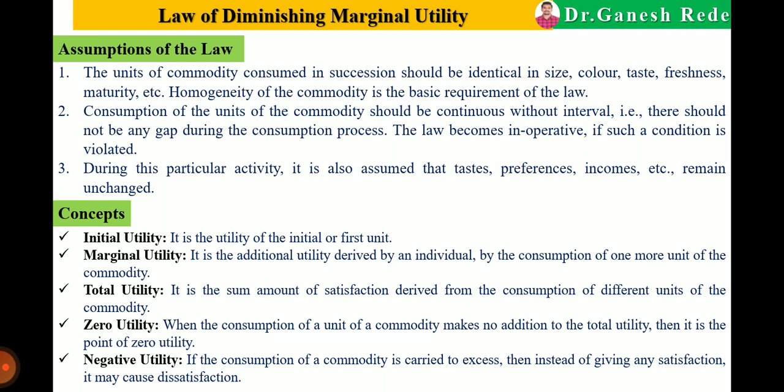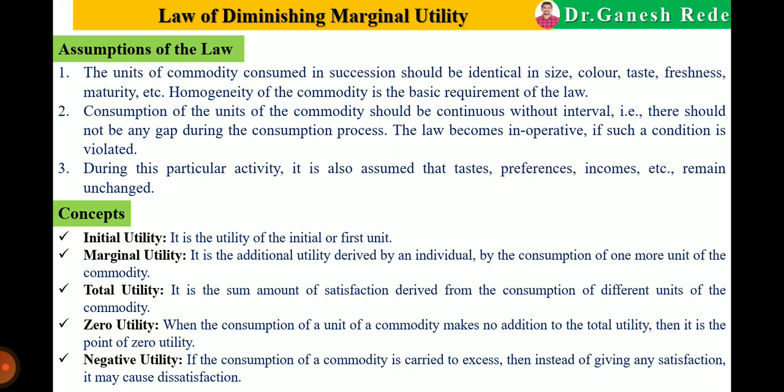The next is our last concept, which is most important: negative utility. If the consumption of a commodity is carried to excess, that is, if you consume an excessive amount, then instead of giving satisfaction, it will cause dissatisfaction.